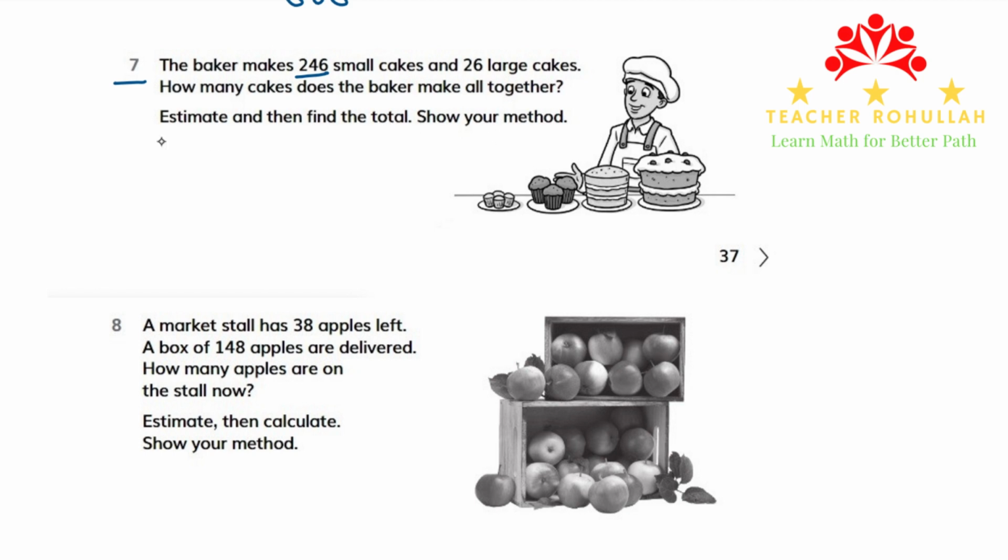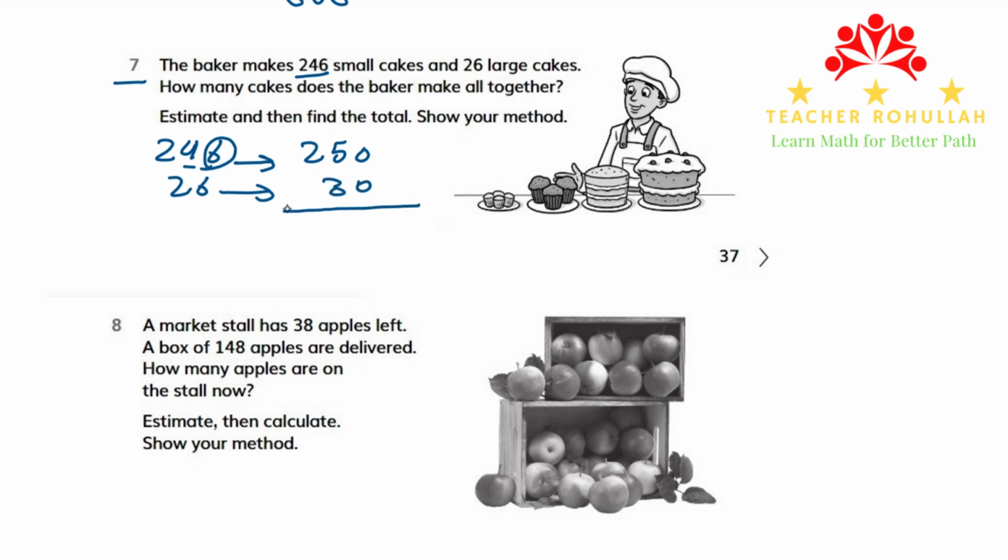So to estimate, again I use rounding. I will round 246 to the nearest 10. We see that 6 is 5 or more, so we have to round it up. If we round up, we get 250. And 26 also rounds up, so we get 30.